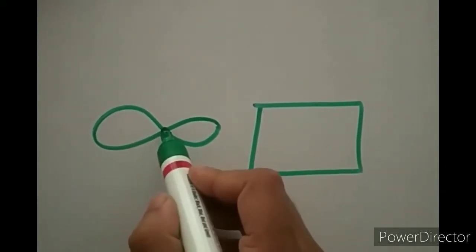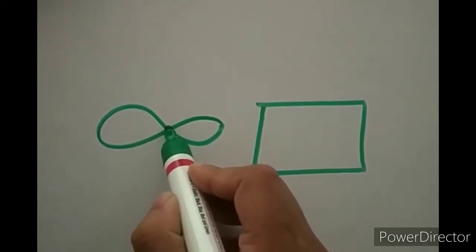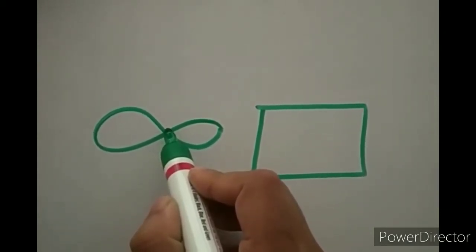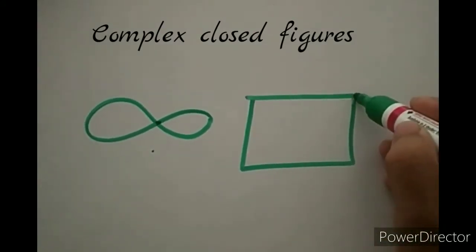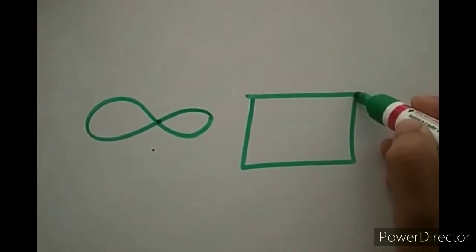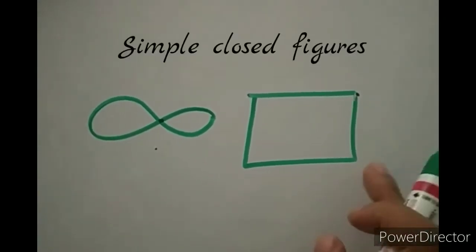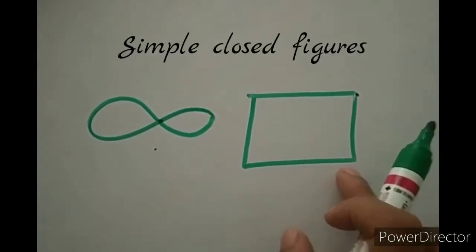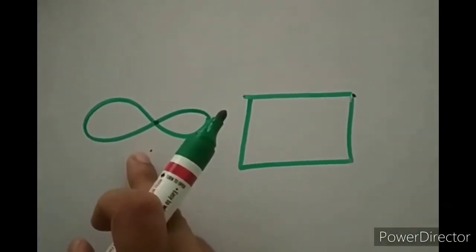That means they touch each other at some point. So this kind of figures are called complex closed figures, and the closed figures which do not intersect itself are called simple closed figures. So here it is a simple closed figure and it is a complex closed figure.